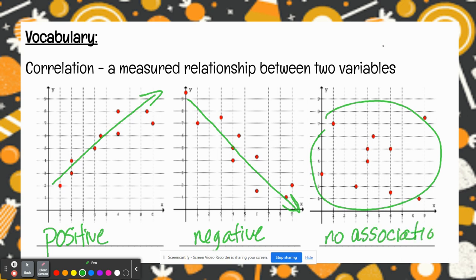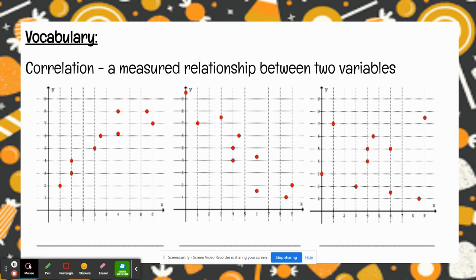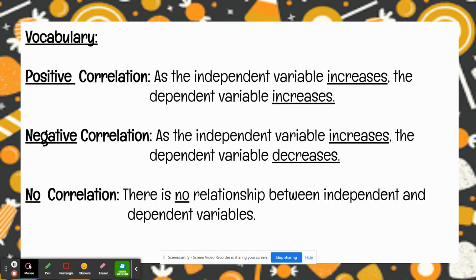You're going to hear the term association and correlation. Those are interchangeable terms. So correlation, association, you're going to hear those interchangeably. Positive correlation: as your x variable increases, so as your independent variable increases, the dependent, which is your y variable, also will increase.